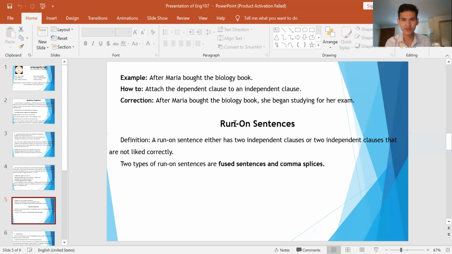You use the wrong coordinating conjunction, comma, or semicolon, etc. There are two types of run-on sentences: fused sentences and comma splices. So you need to separate and identify the two types here.